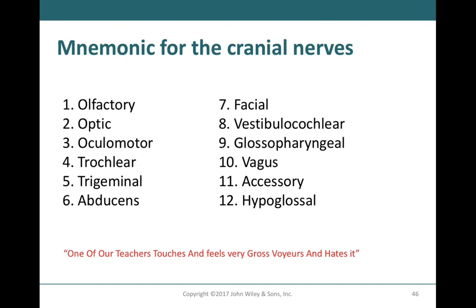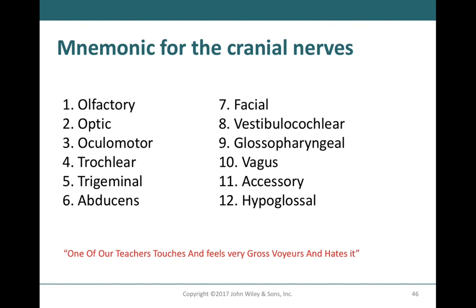So in summary for the cranial nerves, there's three pieces of information that I want you to know about these. The first is which number is assigned to each cranial nerve, and that can be deduced with this mnemonic down here. The second thing that I want you to know about these is what type of information is carried by each nerve.